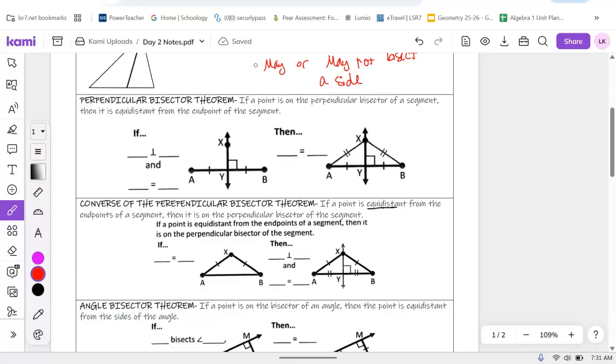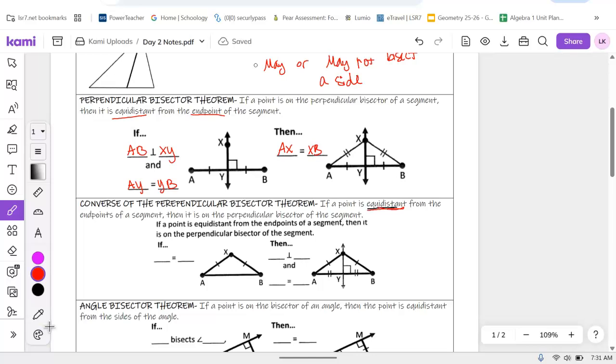So this is saying if AB is perpendicular to XY and AY is equal to YB, then AX is equal to XB. Okay?